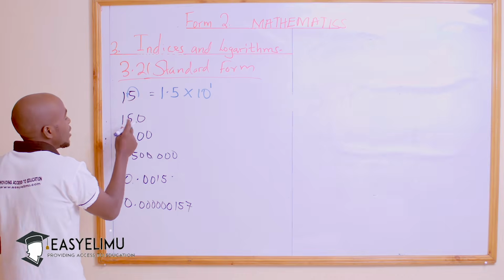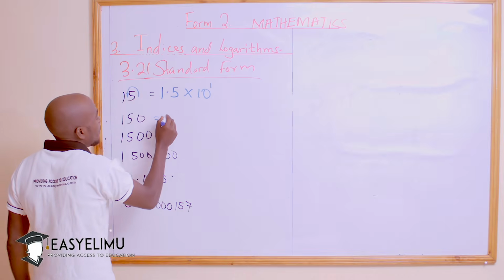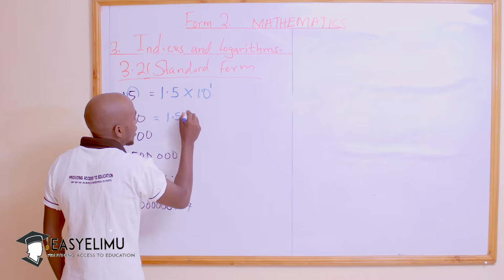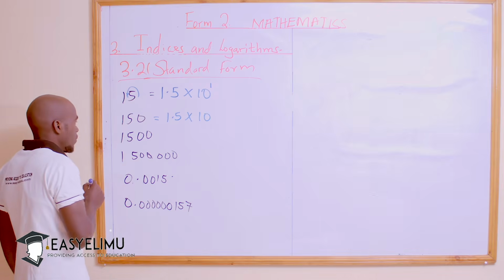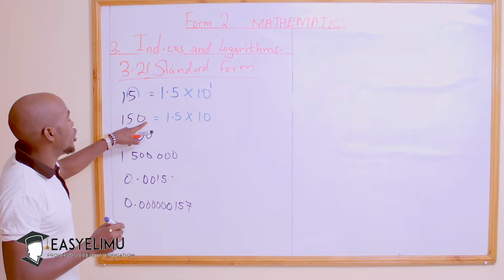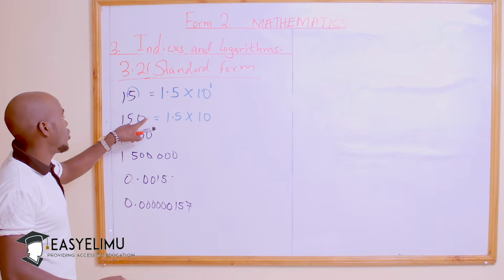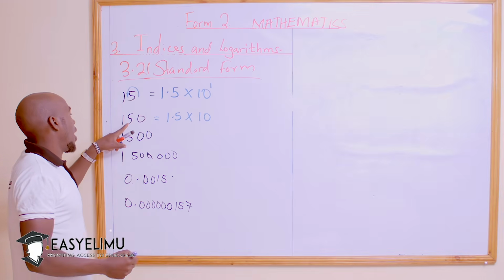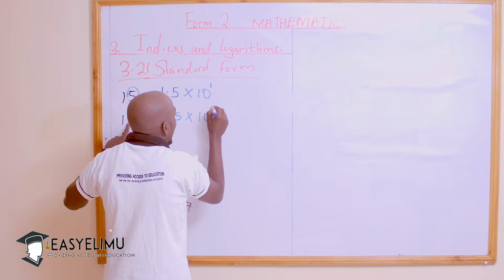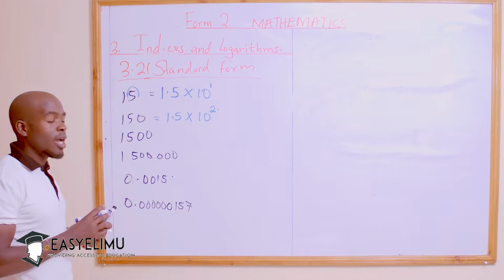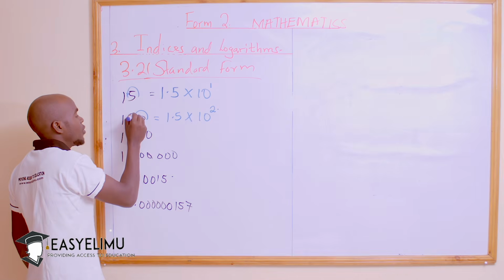The same applies to the second one, and here I will find 1.5 times 10, but here the decimal point will move from the extreme right-hand side to the left 2 places, so it shall be raised to power 2, because I'm moving this way to this point.